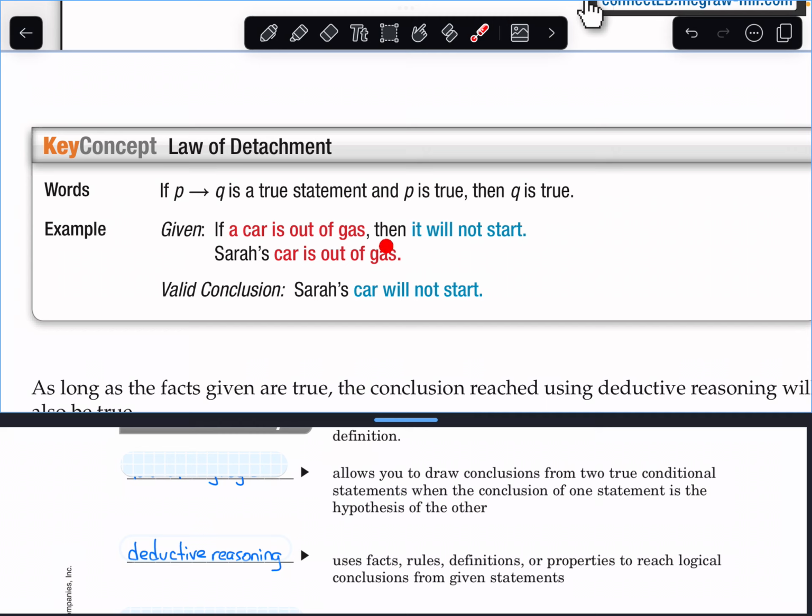And as we all know, any car that's out of gas will not start. So we combine those two together to make this separate valid conclusion, where before we could not simply state categorically all cars will not start. That would not be true, but this specific one is. Yes, some of these will be painfully obvious. That's okay.